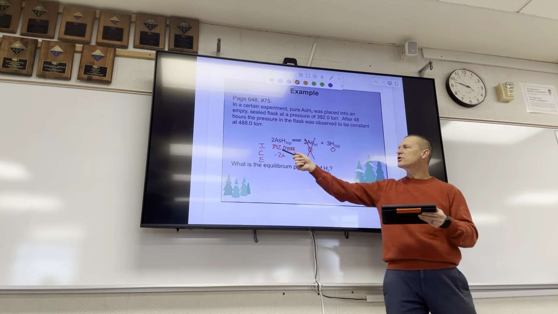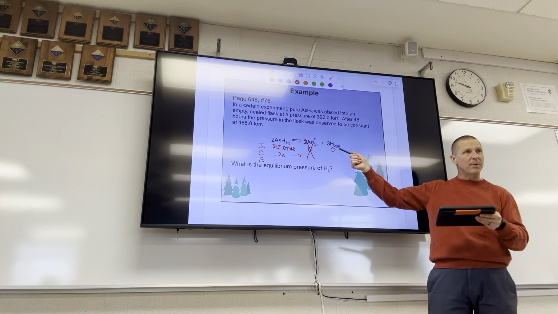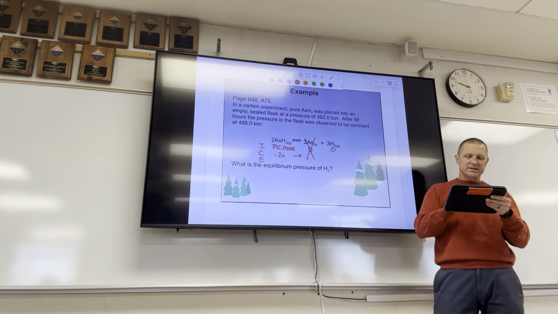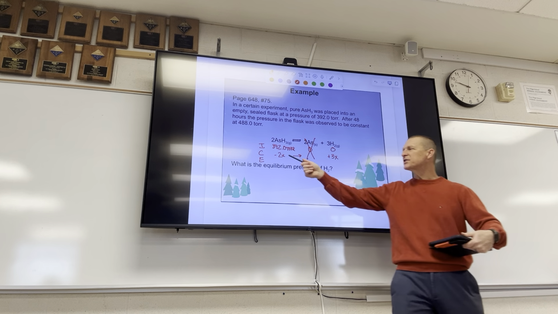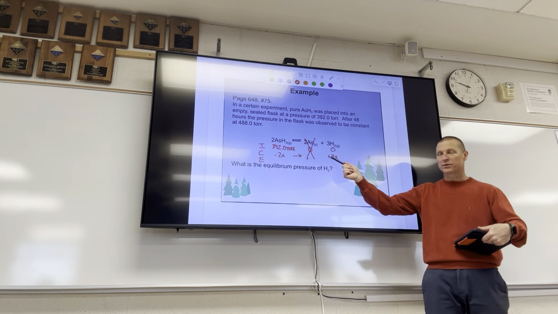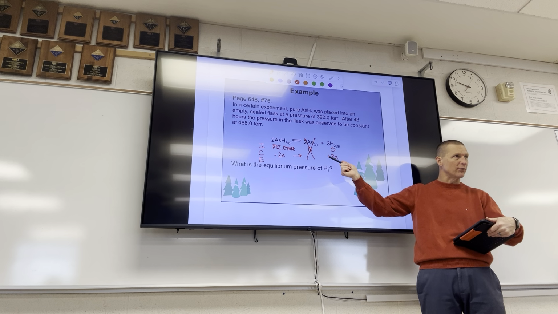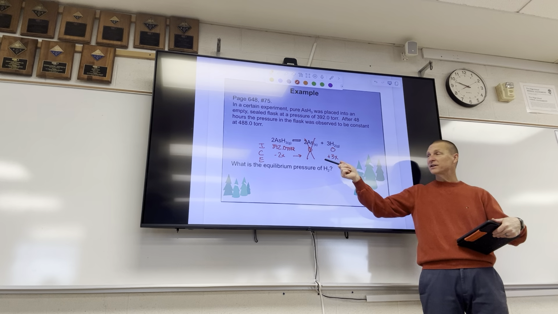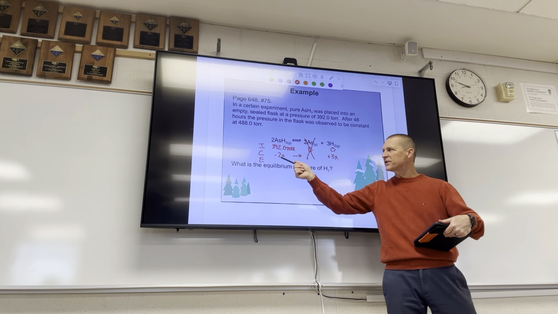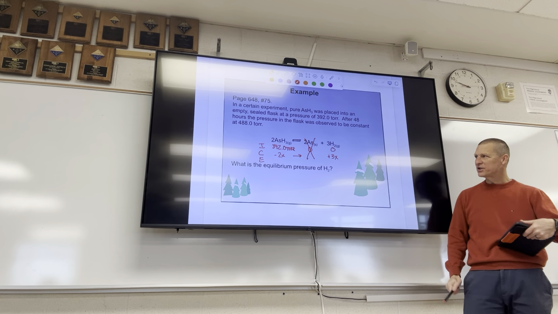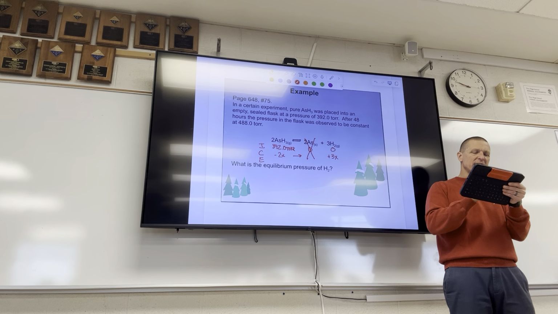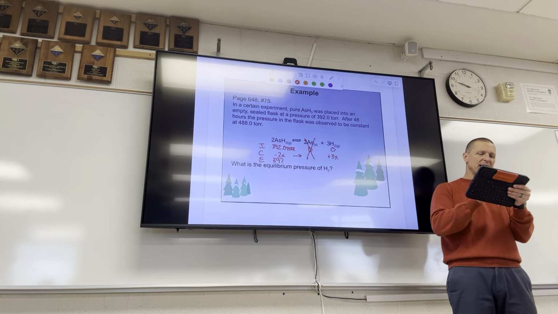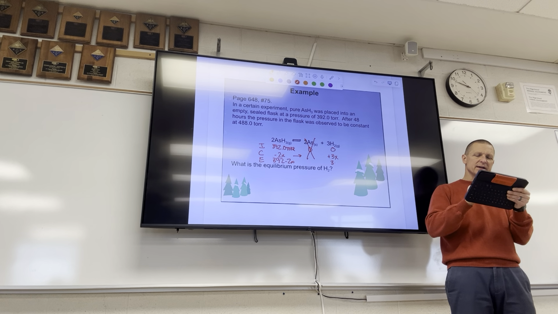And then when this goes down by 2x, this is going up by 3x, to keep our coefficients whole numbers. I could say this goes down by x, but then this would go up by 3 halves x, 3 over 2x. I don't want fraction coefficients. So I'm just going to leave whatever the coefficient is, that's how many x's I'm going to change by. So that means the reactant is 392 minus 2x, and the H2 is just 3x.